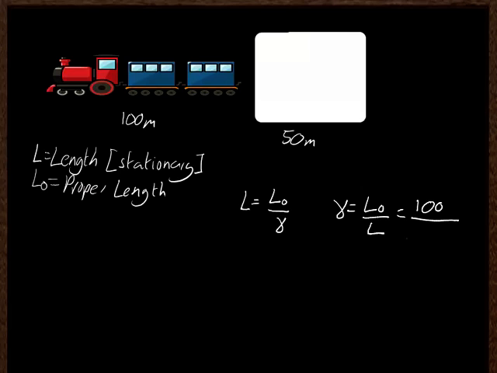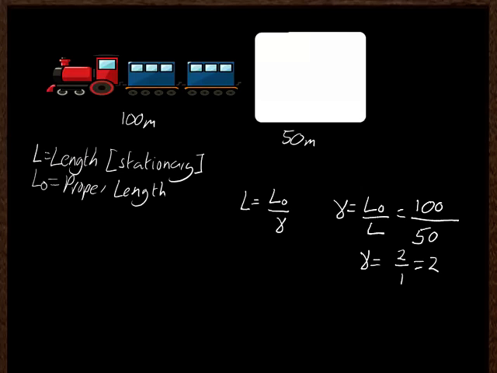And we're aiming to get the train to be 50 metres long as observed by someone standing at the side of the track, standing next to the tunnel. So our length L is 50 metres. I'm going to simplify that down a bit. So gamma equals, what should we say? It's 2 over 1, 2 50s in 100. So I'm just going to call that 2. It makes the math just that little bit easier.